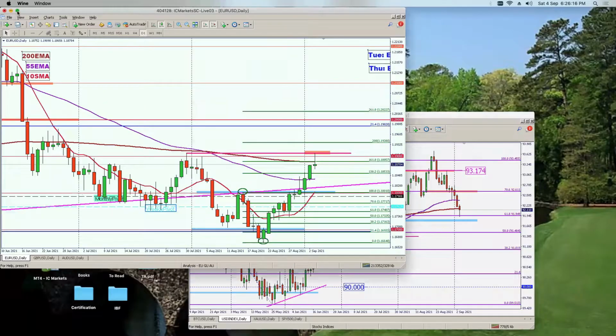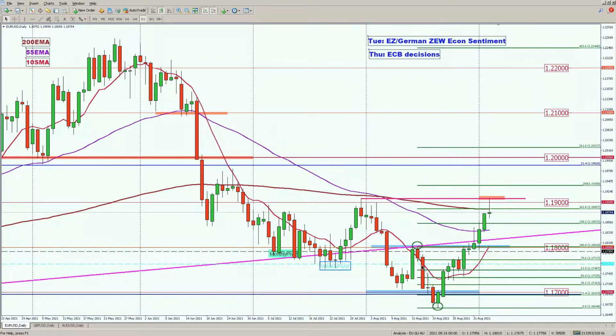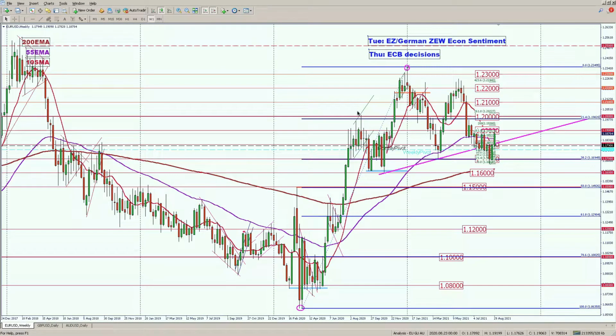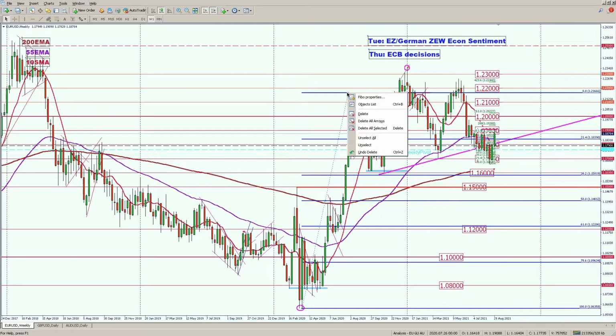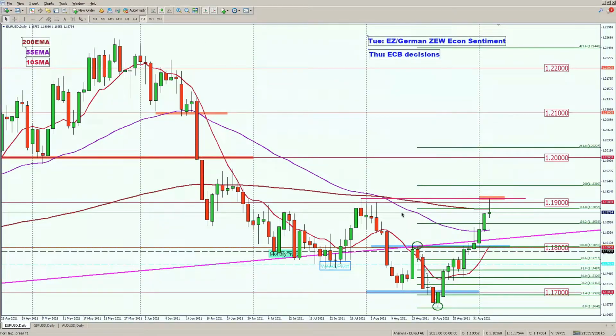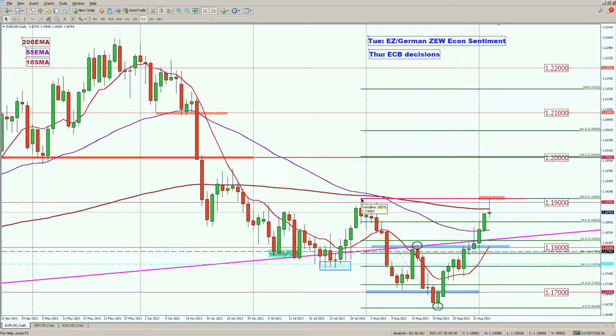Going back to the euro now, we can probably remove the longer term fib. Could even remove this fib and just use this recent fib here, starting from this drop.